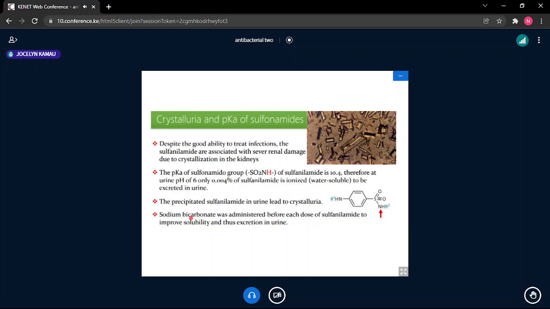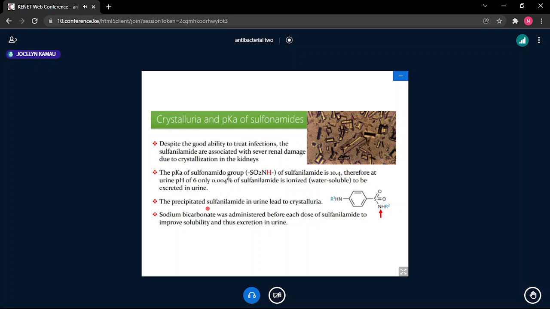All we are saying is that weak acids are more soluble in basic media. So instead of the urine remaining acidic, you alkalinize the urine by giving sodium bicarbonate. And once you alkalinize the urine, it is basic, the sulfonamide is a weak acid, more soluble in basic media, and therefore better elimination, and you will avoid crystalluria.